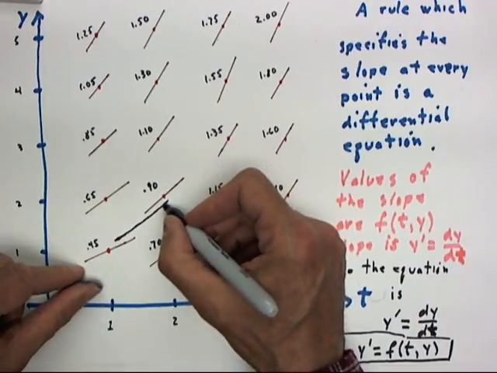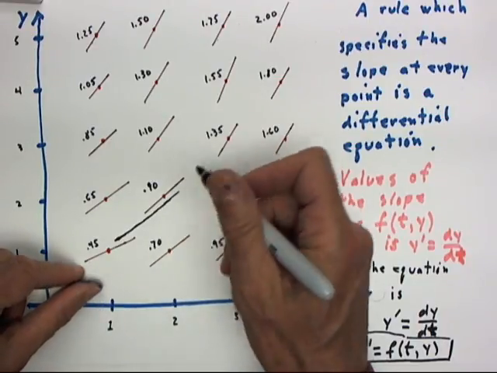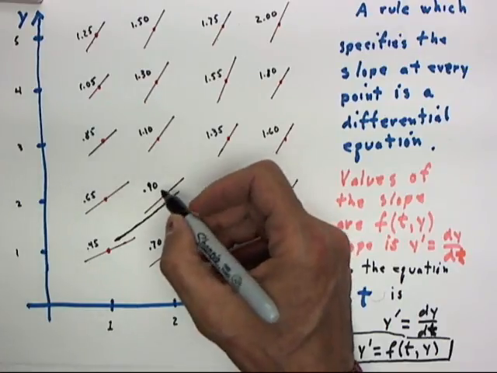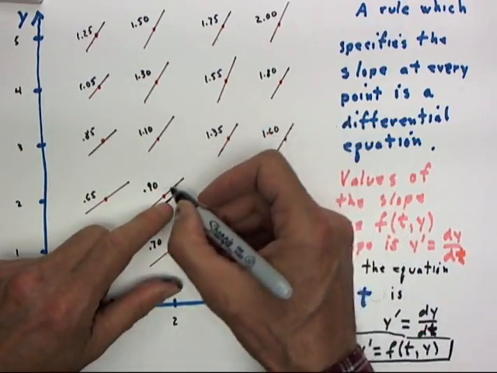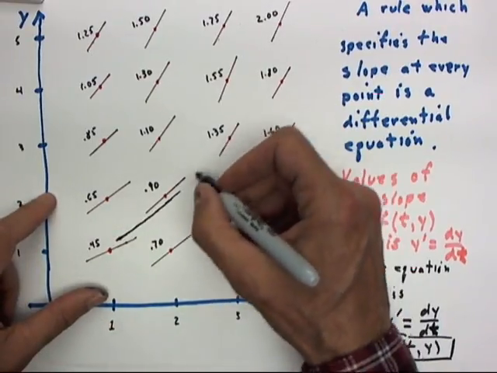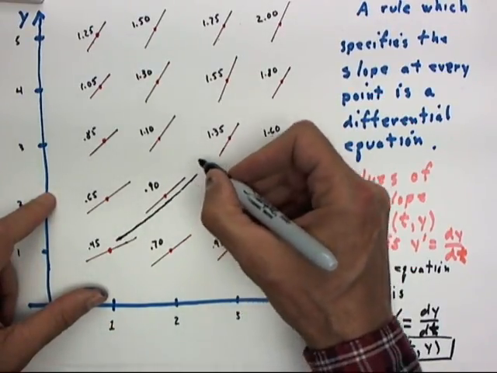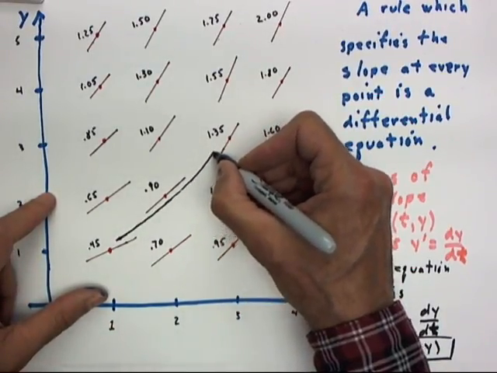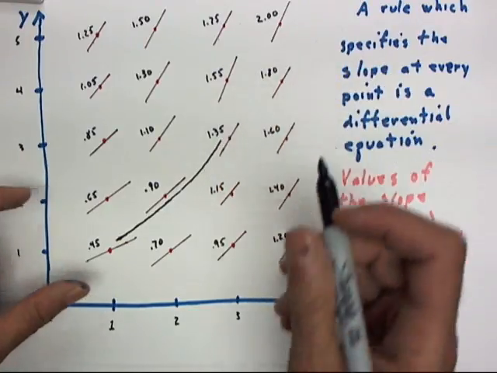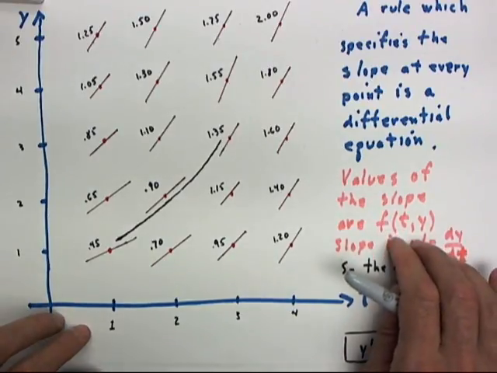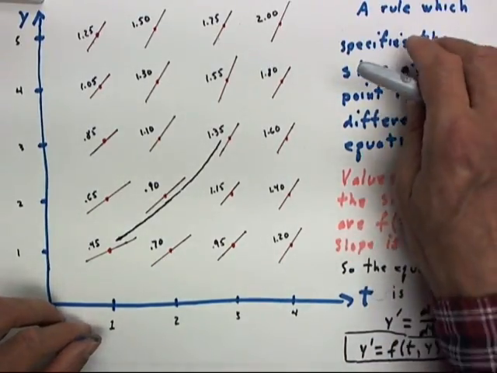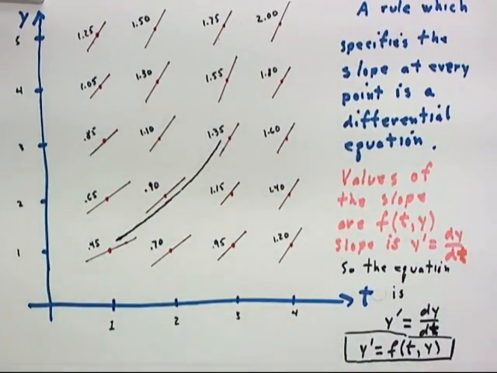The slope of the curve is going to have to increase somewhat as we move up to where it's almost equal to the slope of this segment here, and similarly as we move to the right, the slope is going to have to continue to increase in order to fit with the scheme given by our function, by the rule which specifies the slope at every point.